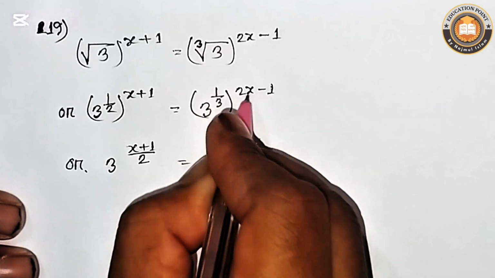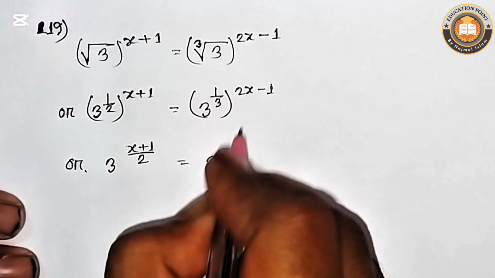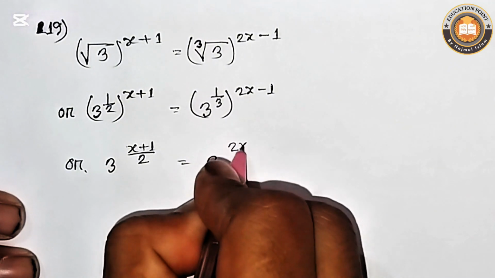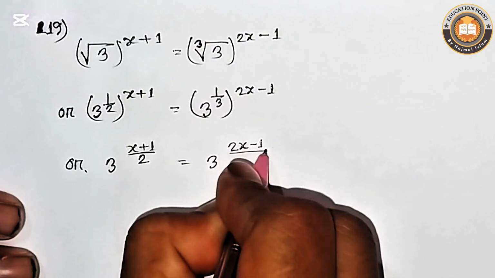Here power will be multiplied with power, so the multiplying value is 2x minus 1 by 3.